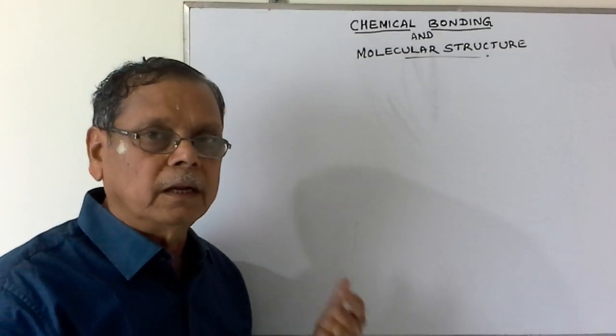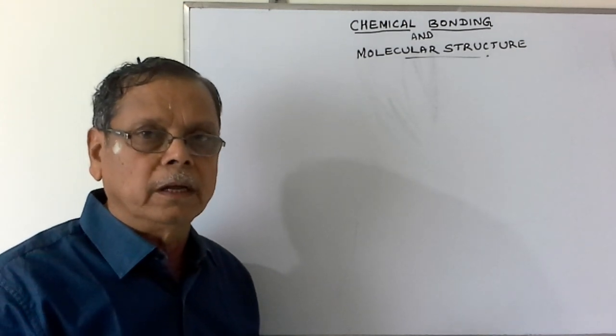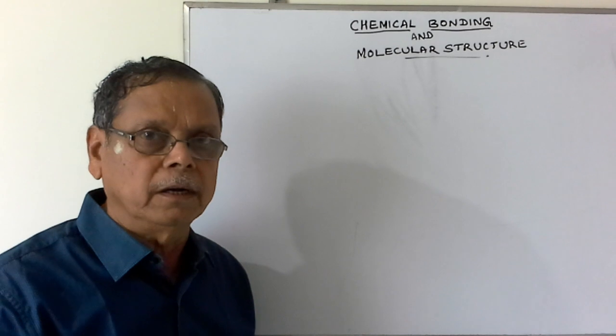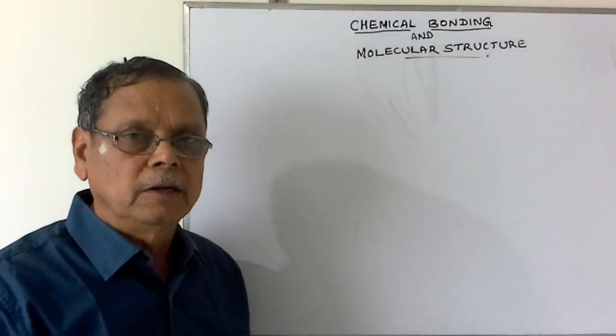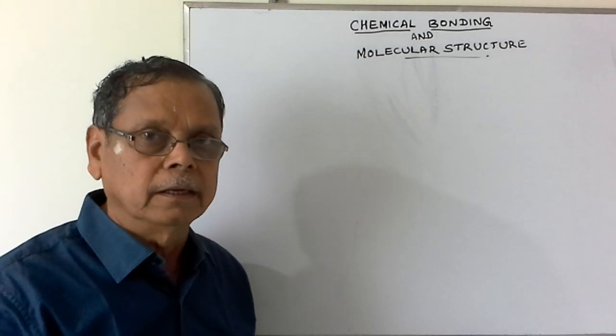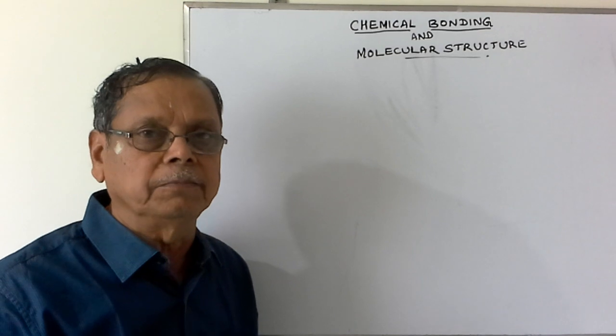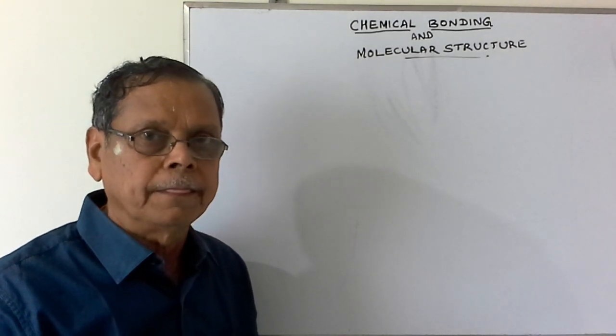And then we will go for the different types of bonds, like the covalent bond, ionic bond, coordinate bond, and finally we will deal with the dative bond, which is also called the coordinate bond, and hydrogen bonding. And various theories are considered to explain the formation of the bonding between the two atoms.